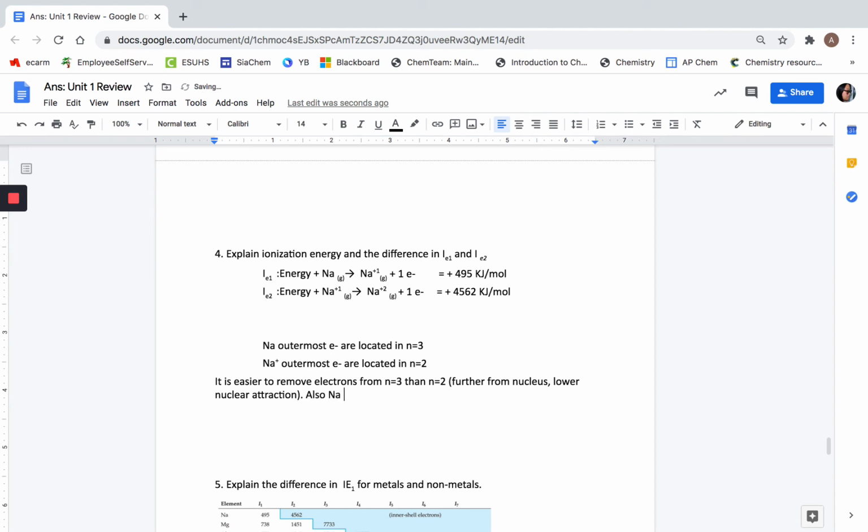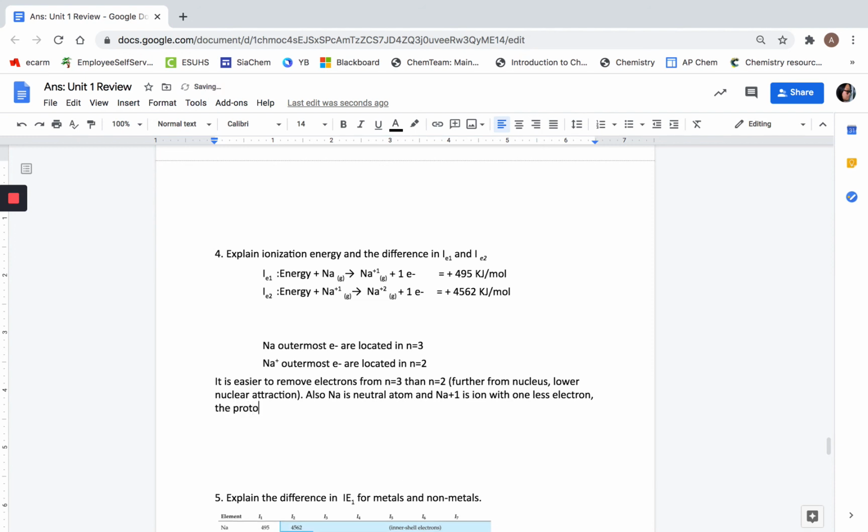Also, Na is a neutral atom, and Na+ is an ion with one less electron.